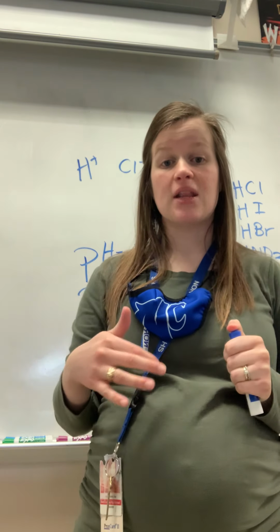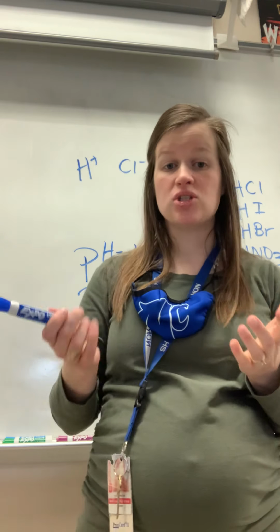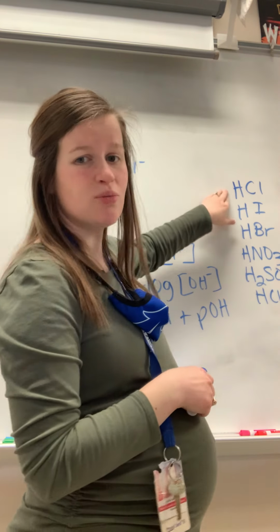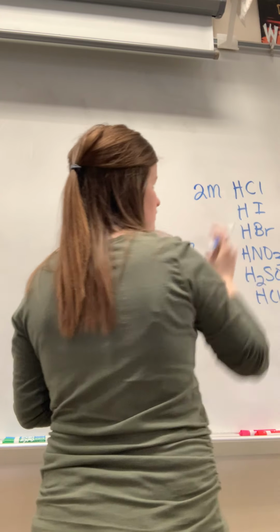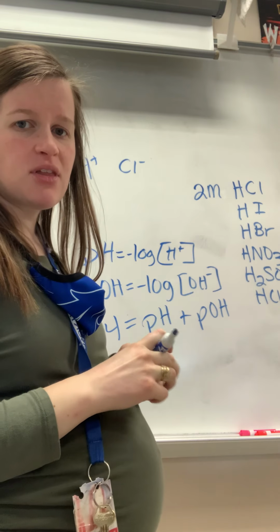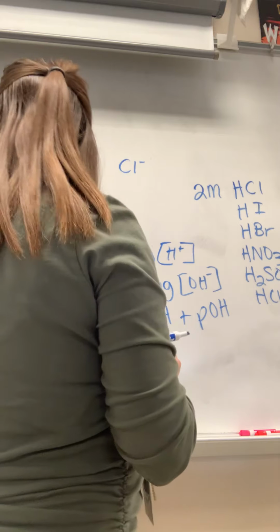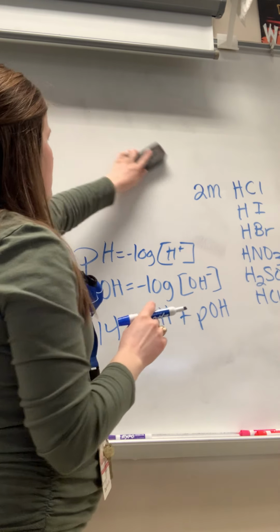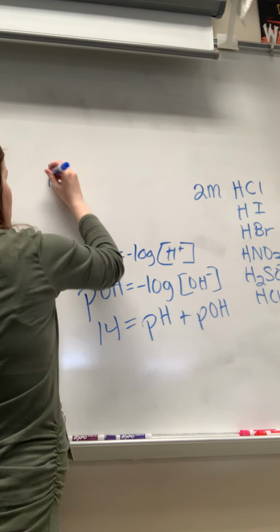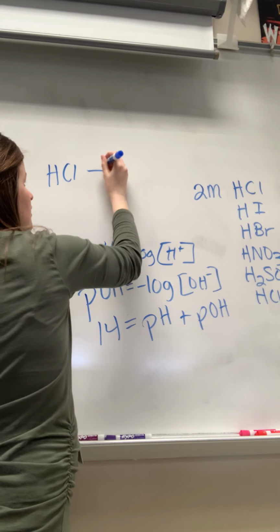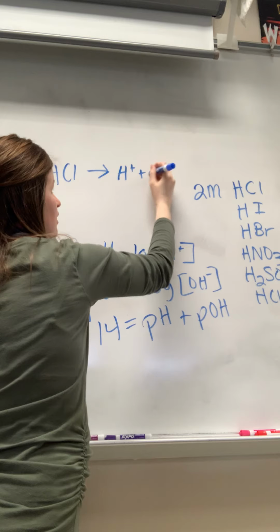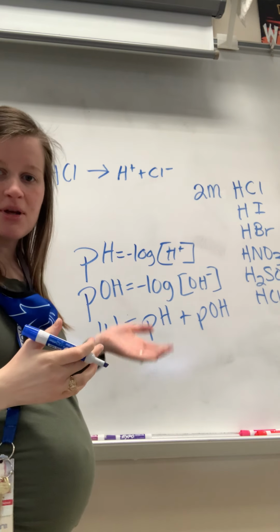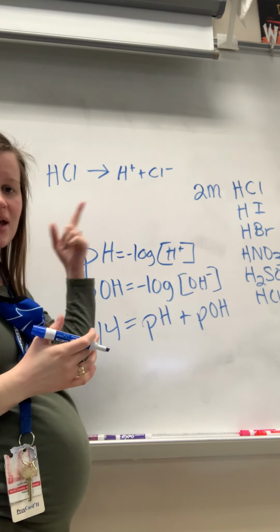Whenever you're plugging in the pH, it's super easy. If I tell you I have a 2 molar concentration of HCl, think about the balanced equation: HCl dissociates into H plus and Cl minus. You need to make sure that you balance, but it's already balanced for mass and for charge.